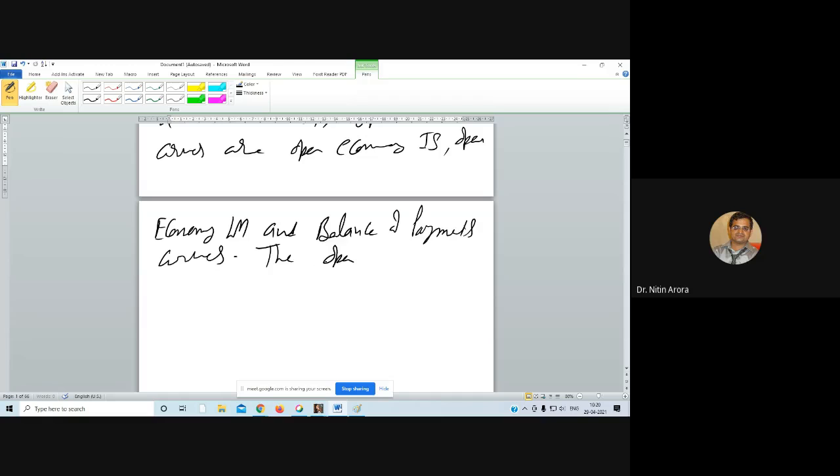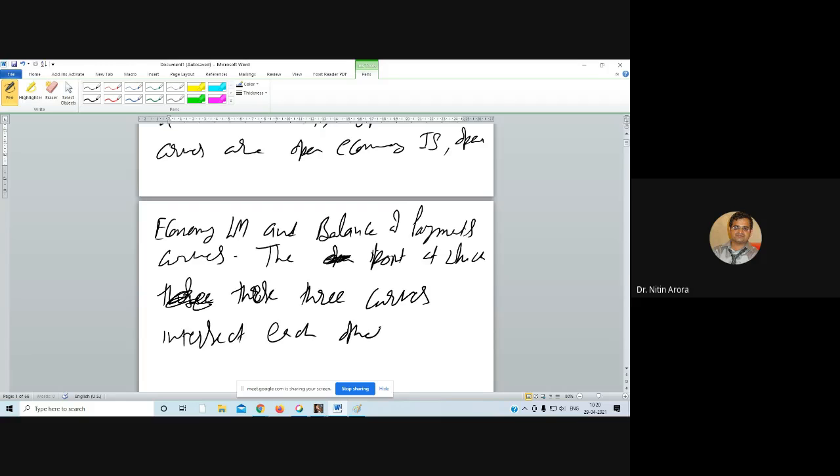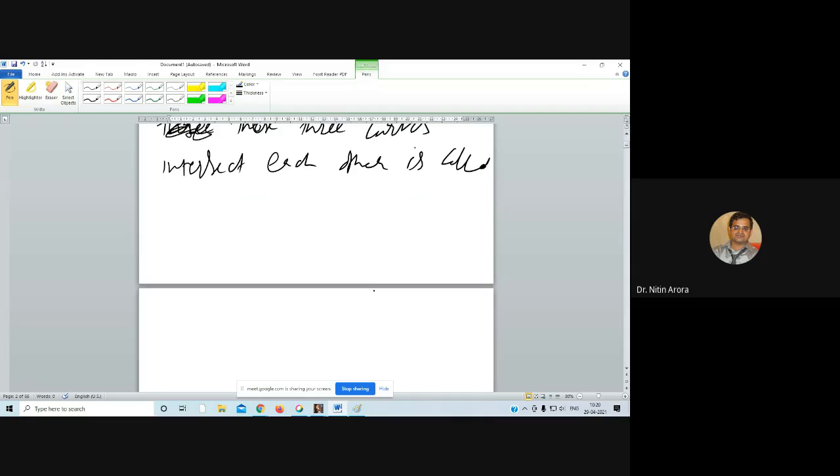The point at which these three curves intersect each other is called the point of general equilibrium, right?